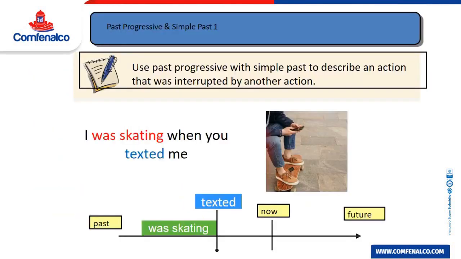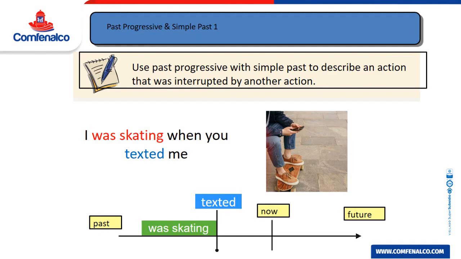Now, this is one of the graphics I wanted to show you. Esta es una de las gráficas que le quería mostrar para que supieran un poquito de dónde sale esto, ¿ok? Past progressive and simple past, ¿ok? Pasado progresivo o pasado continuo son lo mismo. Y pasado simple, ¿ok? This is the main objective of this video.